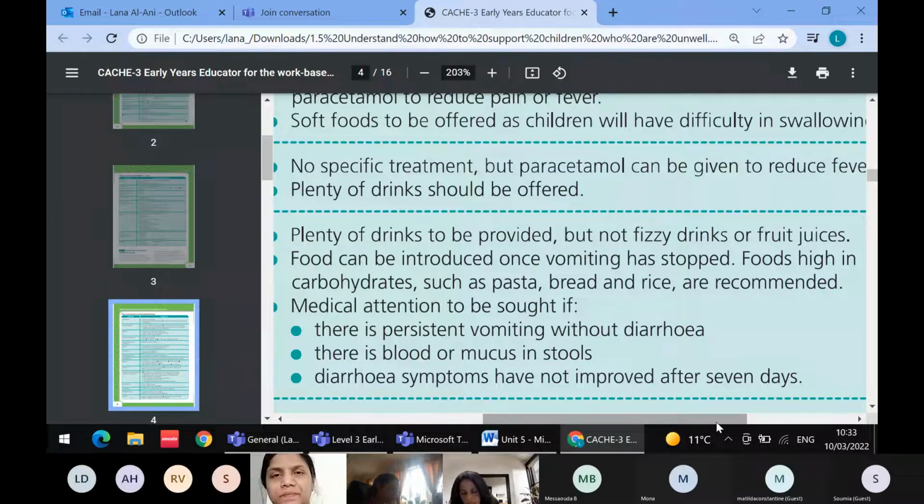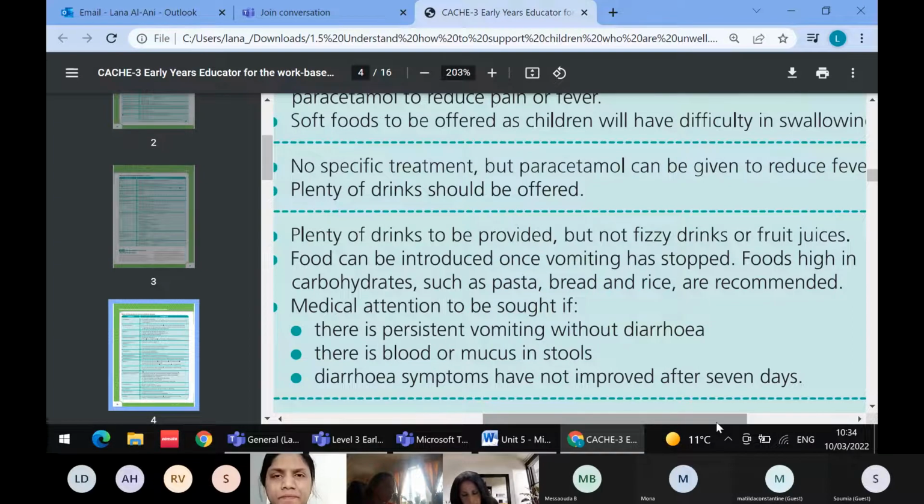How about medical attention? Do you think this child might need to be taken to the hospital, or bring a doctor, or call the ambulance? We might do that. Why? If the diarrhea doesn't stop or doesn't improve after 7 days.